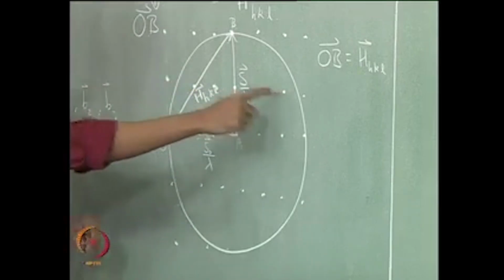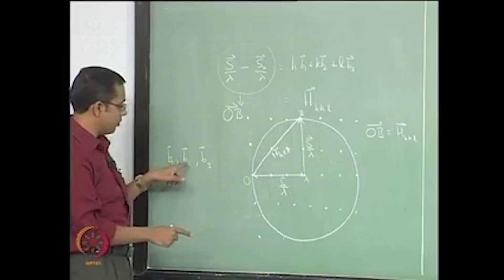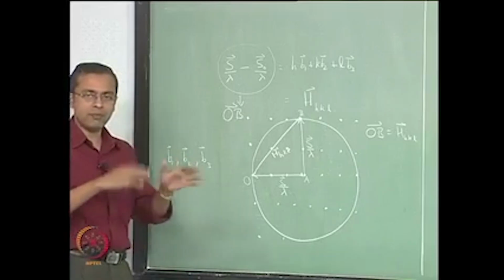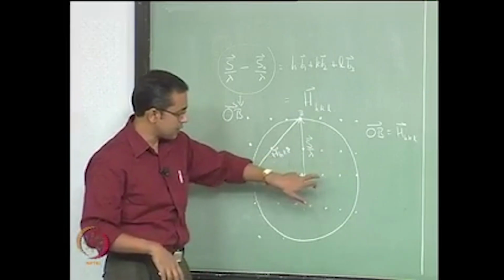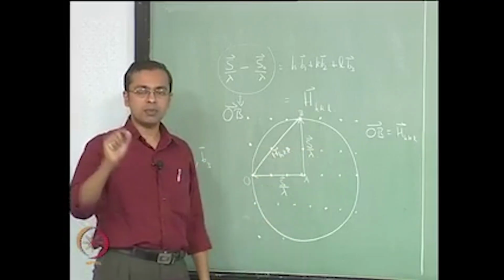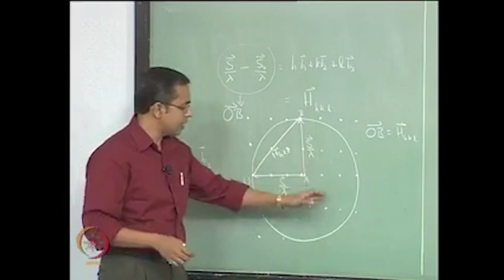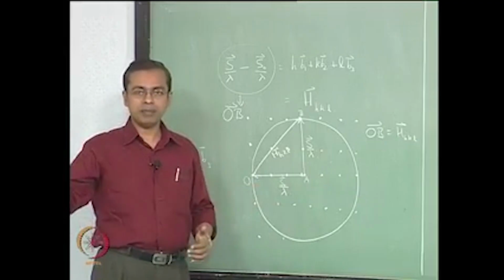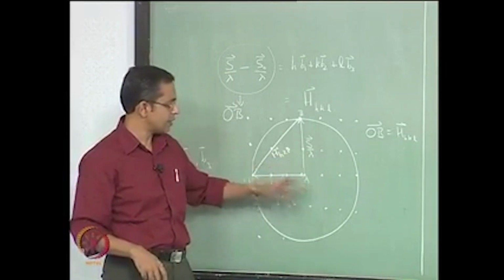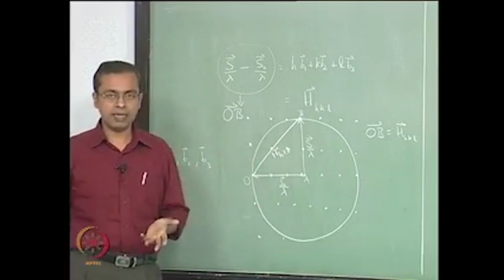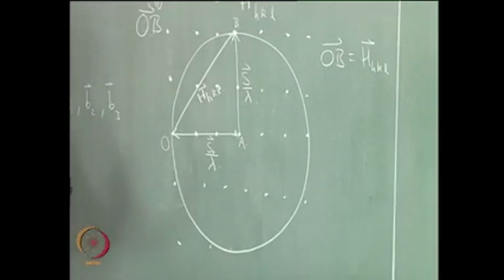Wherever you end up as an integer sum of B1, B2 and B3, you get to one of these points, they are valid reciprocal lattice points. Anywhere in the middle it will not be an integer sum of B1, B2 and B3, it will be some fractional sum of B1, B2, B3, that will get you to in-between locations where there is no valid reciprocal lattice point, but it is still reciprocal space, fine.